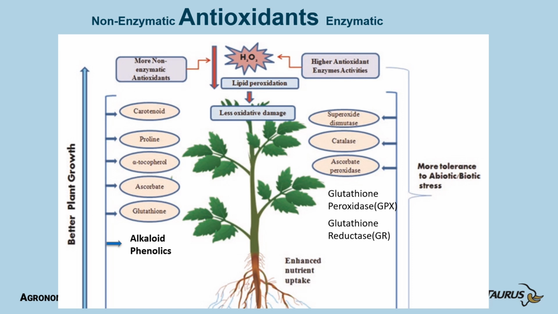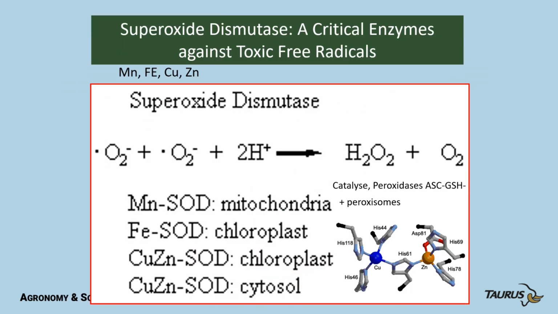And this is the magic. Manganese SOD in the mitochondria, iron SOD in the chloroplast, and zinc-copper SOD in the chloroplast and the cytosol, and there's a nickel one as well. Those are the ones that help the plant get rid of those doggone reactive oxygen species that occur when the sun is shining bright, there's no water, and the plant is cooking.